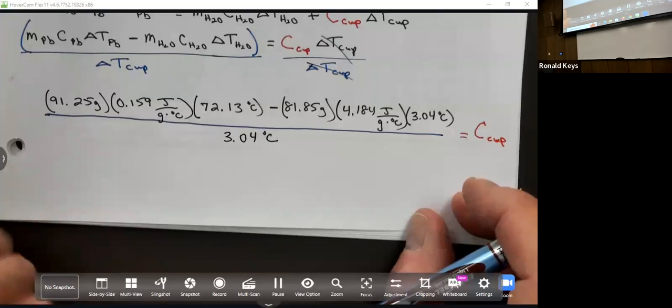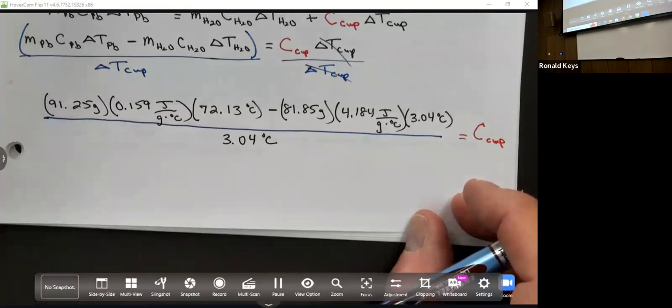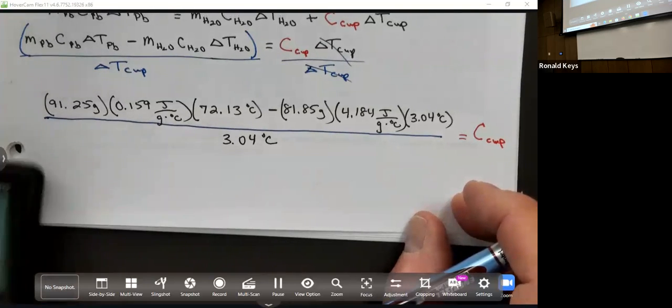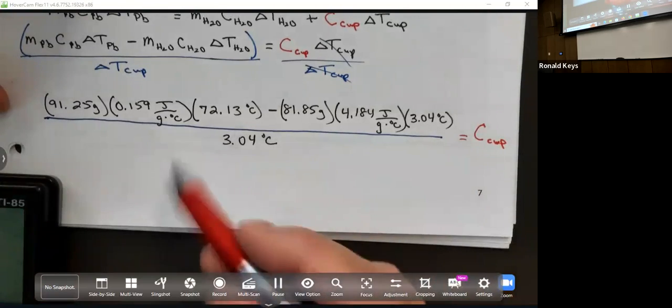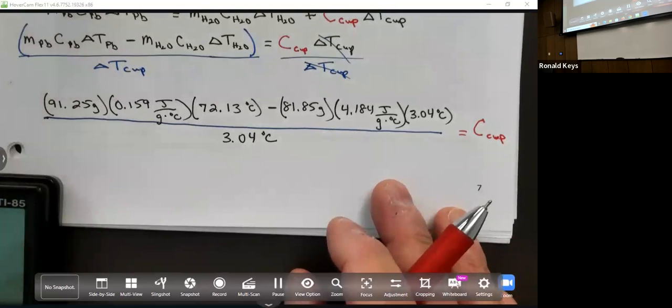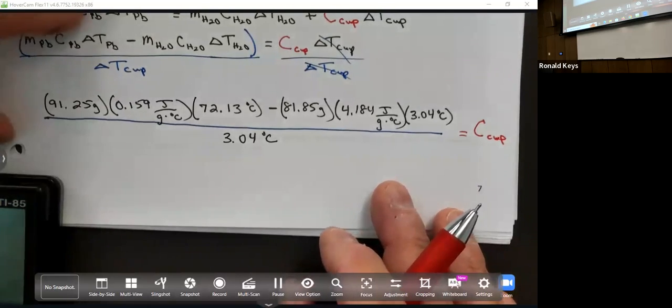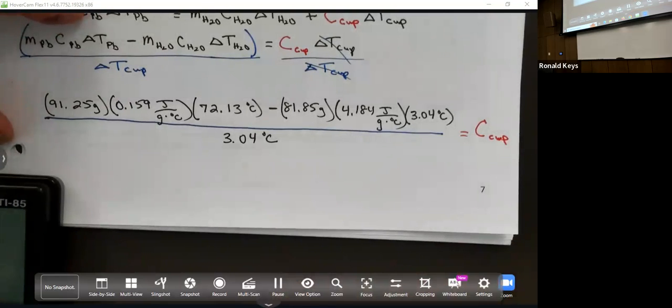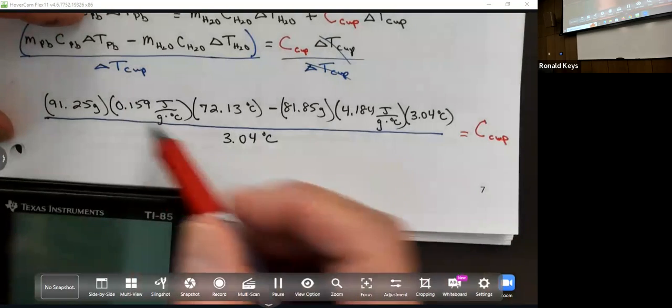Grab your calculator, see if you get what I got here. You can see when I use the wrong specific heat and I started backtracking, it ends up being a nightmare. Calculator, see what you get. Do the numerator first, right?